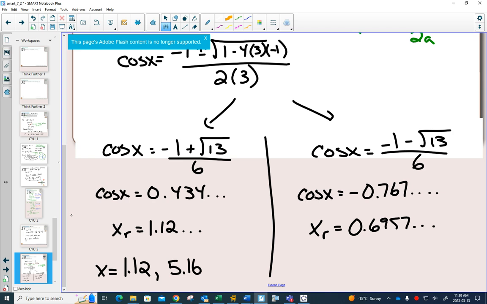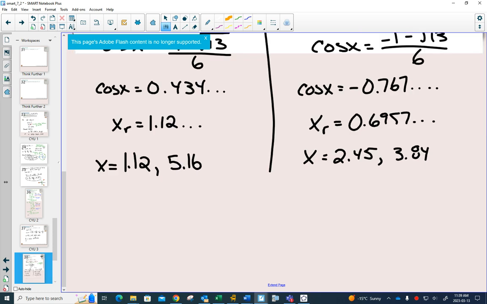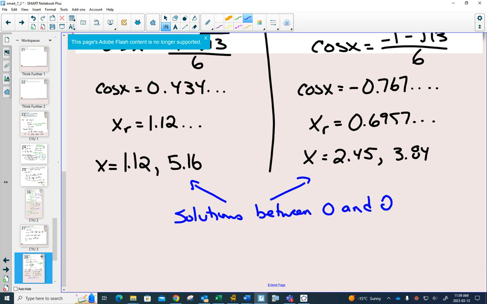Cos is negative in quadrant 2 and quadrant 3, so I'll go pi minus my reference angle and pi plus my reference angle. 2.45 and 3.84. And I make a note that these are my solutions between 0 and 2 pi. And I'm about to get disappointed.